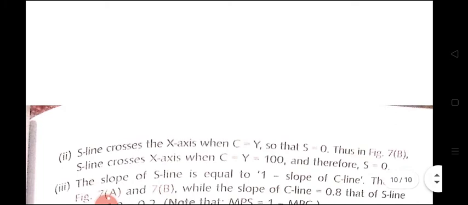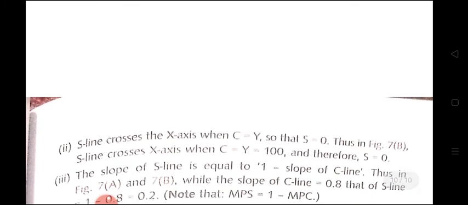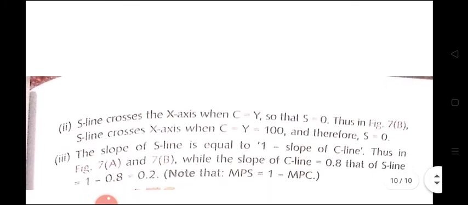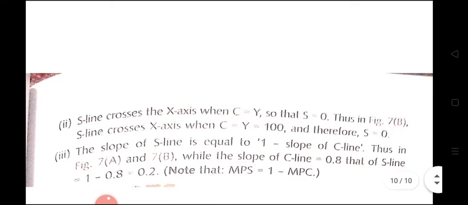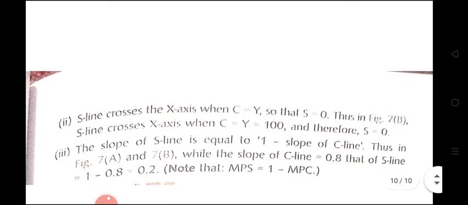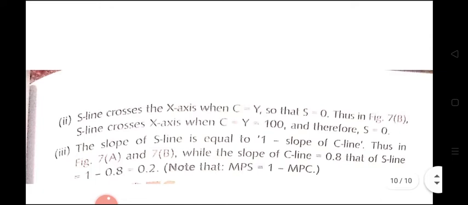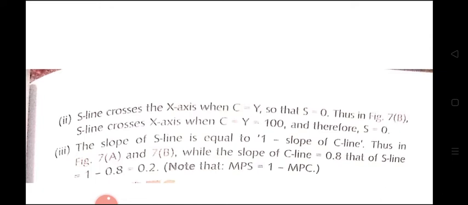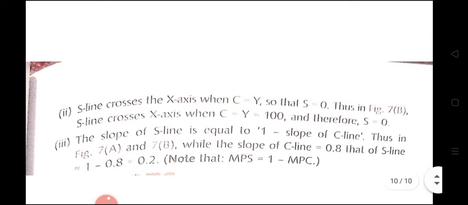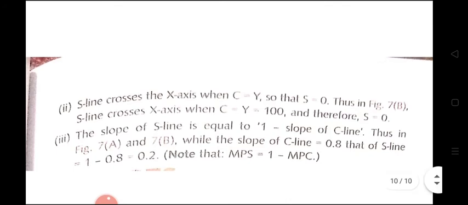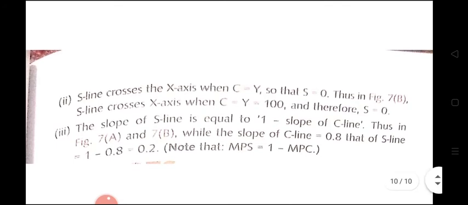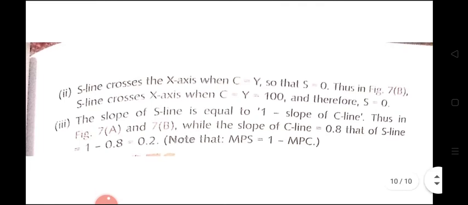Secondly, remember, the S line will cross the X axis when consumption equals Y, so that saving becomes 0. And further, if we continue making the graph, we will come to know that saving becomes positive. Third point is, the slope of the S line is equal to 1 minus the slope of the C line, or we can call it MPC plus MPS will always be equal to 1.